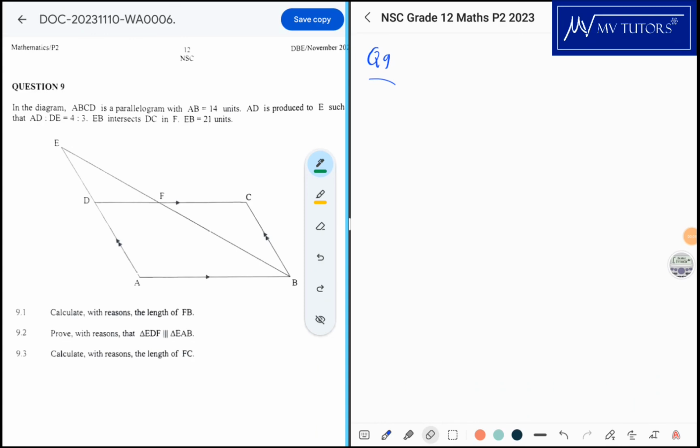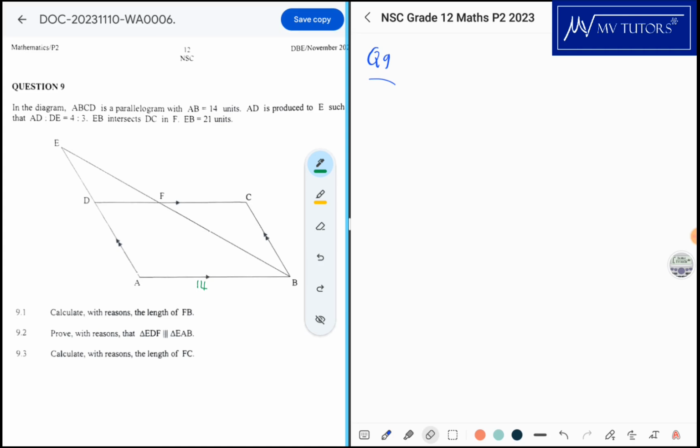All right, so it says in the diagram, ABCD is a parallelogram with AB being equal to 14 units. Okay, so as we are reading this, just write down the information. So AB is 14 units, and then AD is produced to E such that AD to DE is 4 to 3. So that's the ratio, right?